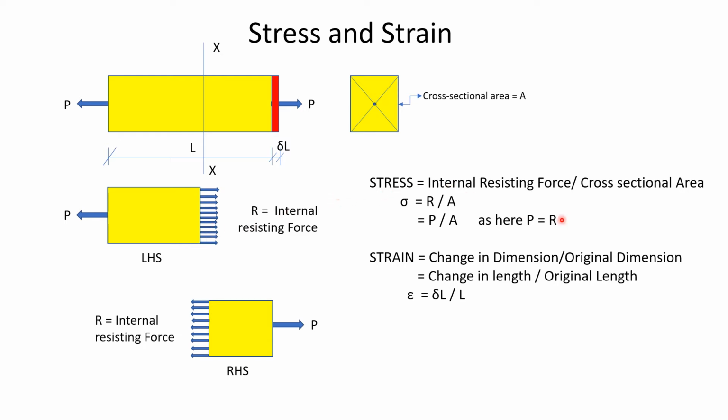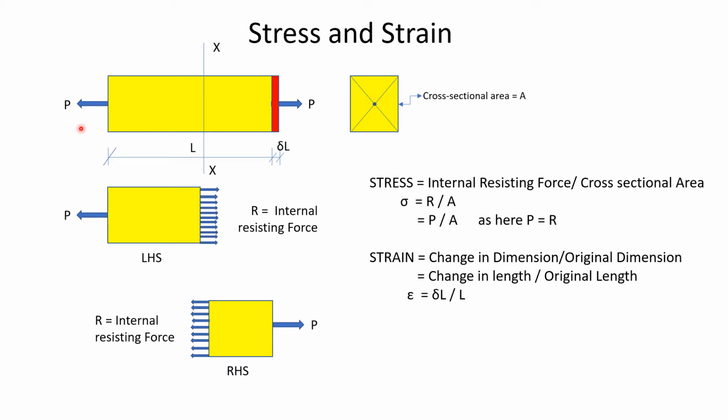So stress is equal to internal resisting force divided by the cross sectional area. Now internal resisting force is R divided by area A. Now here P is equal to R, so I can write P replacing the R, and sigma is the symbol for stress. So sigma is equal to P upon A. So stress is equal to P upon A.